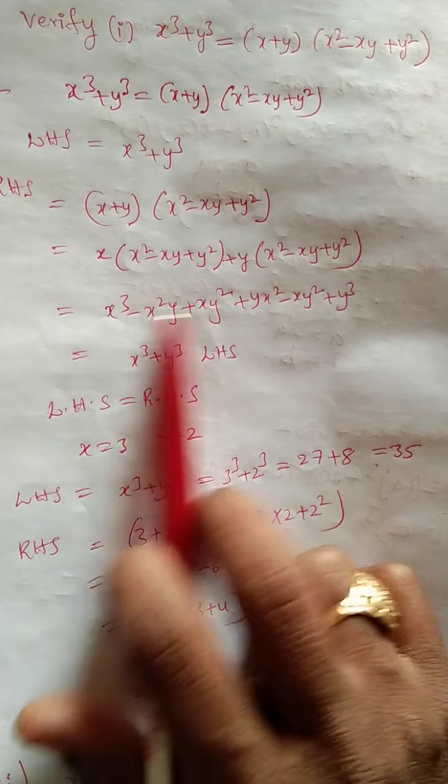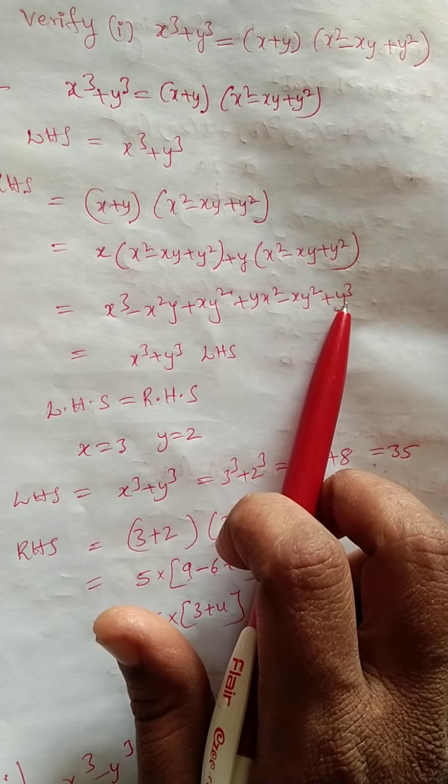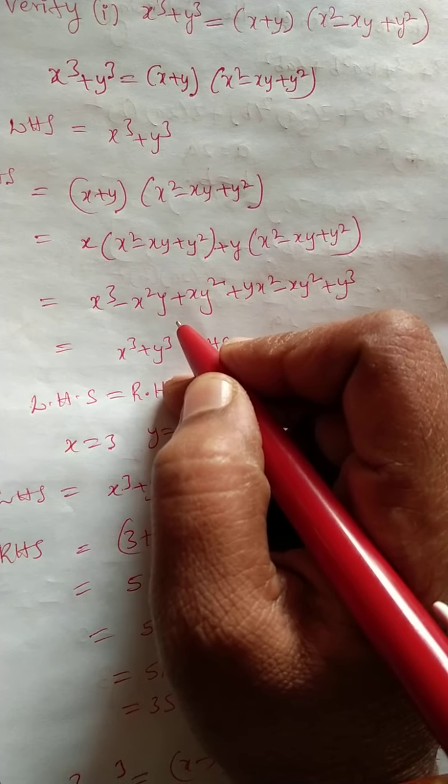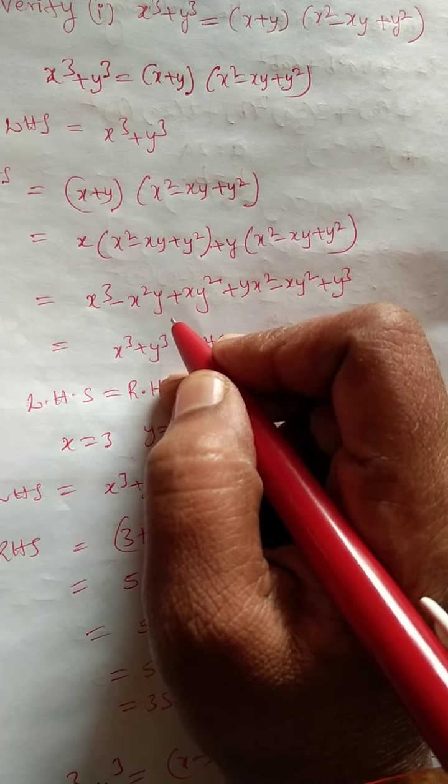This is the formula. And we can cancel terms here: x square y minus x square y, plus term and minus term get cancelled. Here also plus term and minus term get cancelled. Remaining is x cube plus y cube. This is LHS. We got it. So LHS is equal to RHS. Verified.